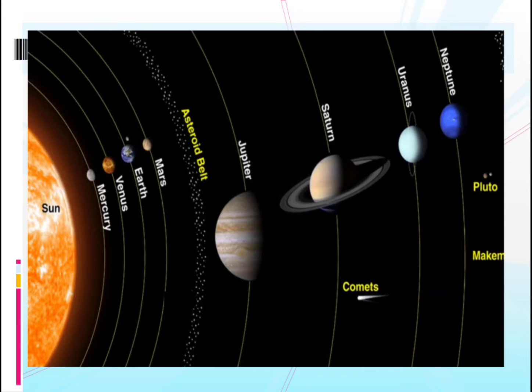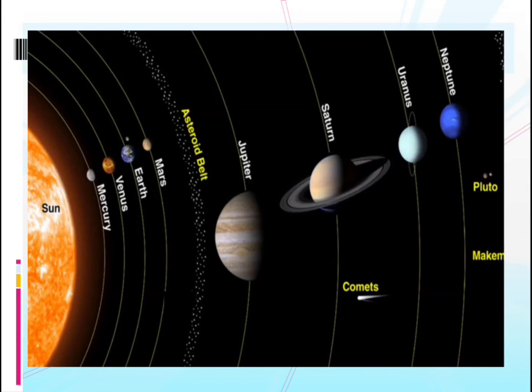When the spacecraft landed on Venus, all the instruments of the spacecraft melted in 2 hours. Why? Because of the intense heat, because it is closer to the sun, isn't it? The heat was so much that it melted all the instruments in the spacecraft. So you can imagine how harsh the planet is. Venus takes about 7 months to complete one orbit around the sun.